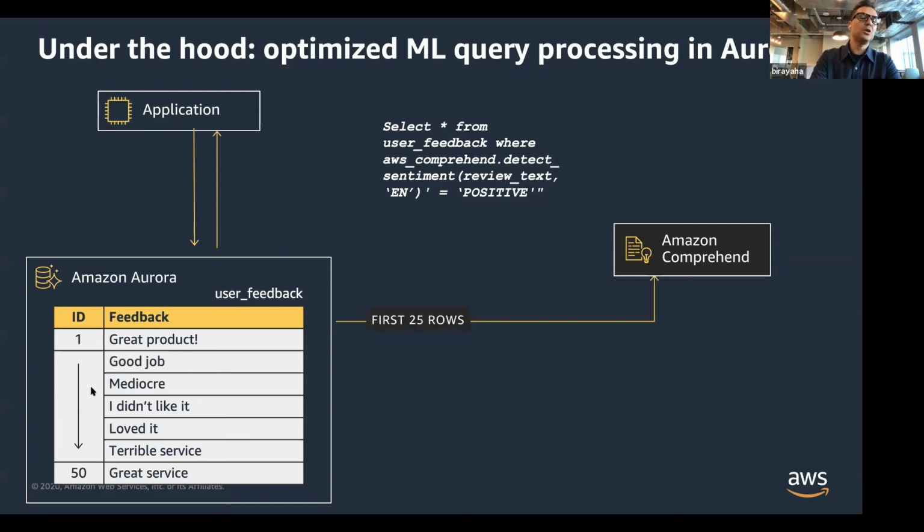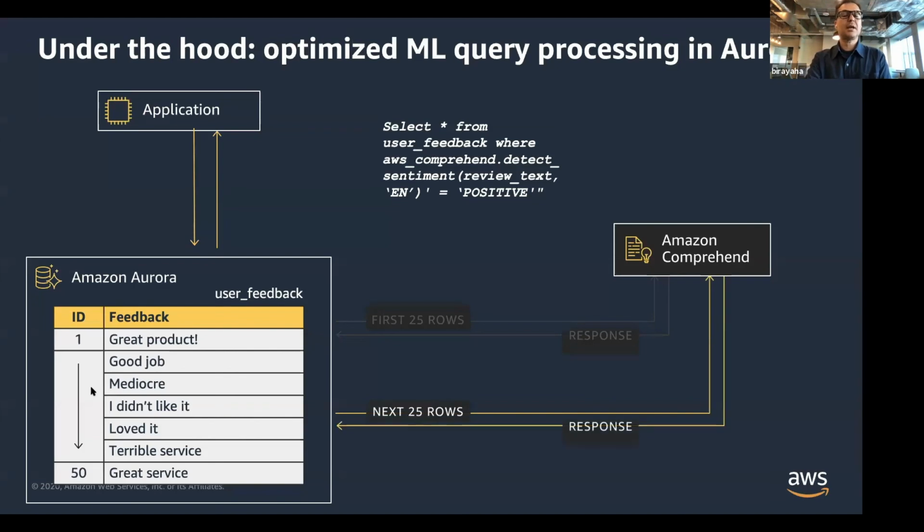And now you need to communicate that to the other API, again the Comprehend case. And Comprehend as an API has a limitation of 25 rows in each batch, right? So in this case, you will have to batch those 50 requests into two chunks, right? So you get a response, send another request, get another response, and aggregate that.